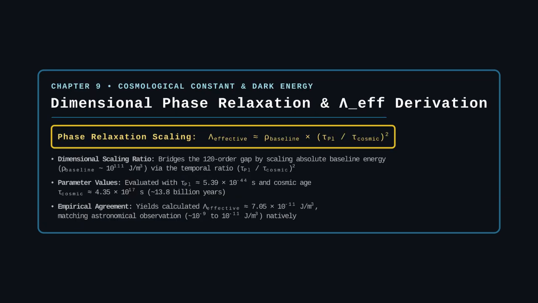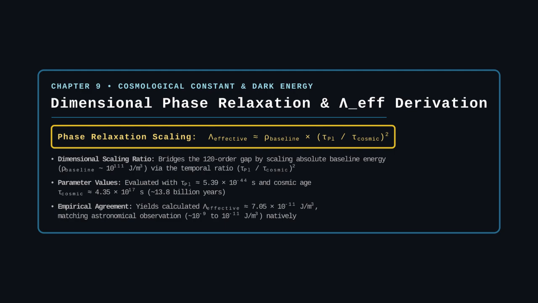To formalize this, MSVT separates the vacuum energy stress state, rho total, into two distinct mathematical components. Rho total equals rho baseline plus lambda effective, where rho baseline, approximately equal to 10 to the power of 111 joules per cubic meter, represents the absolute invariant isotropic energy density of the F0, approximately 2.95 times 10 to the power of 42 Hz, zero-point lattice.